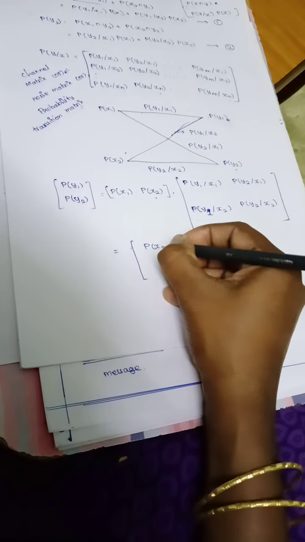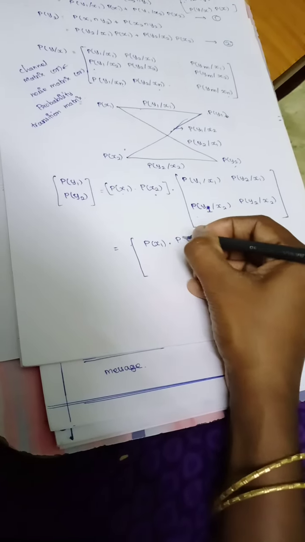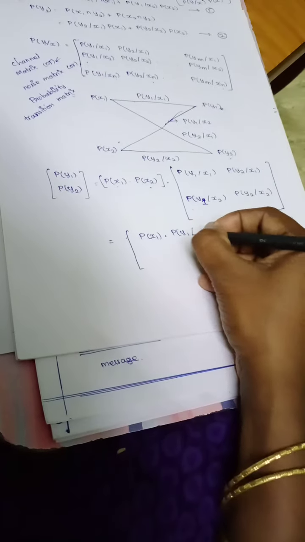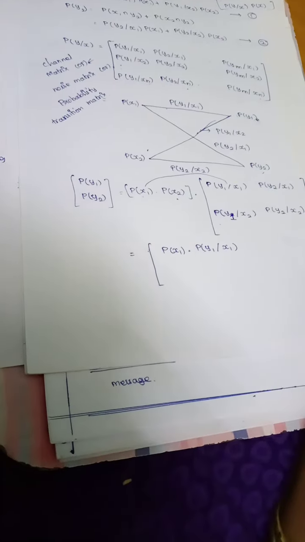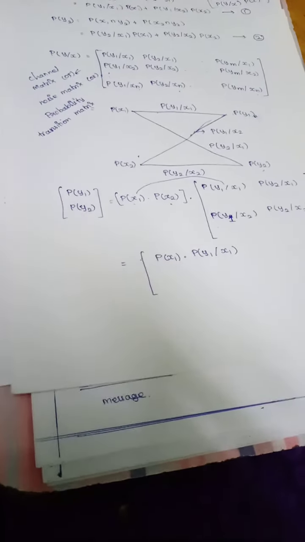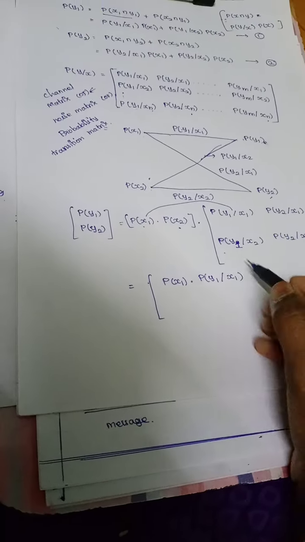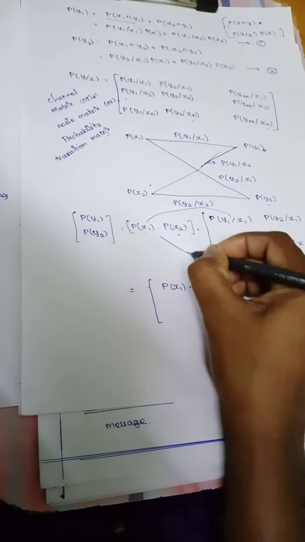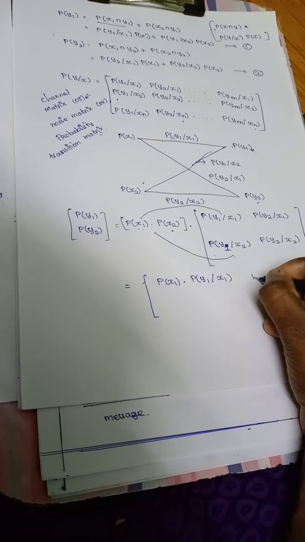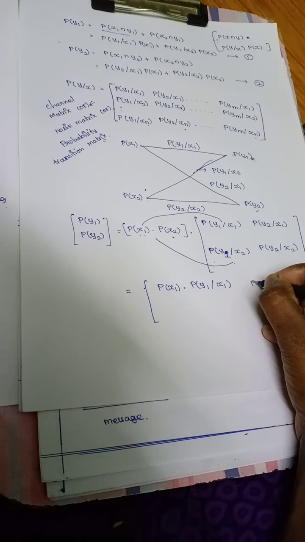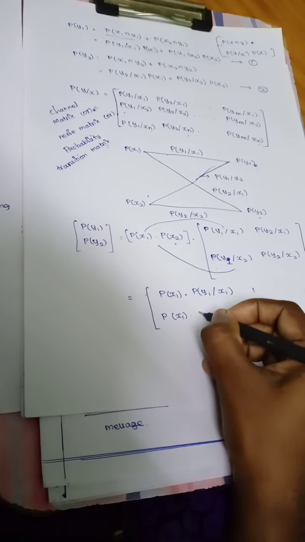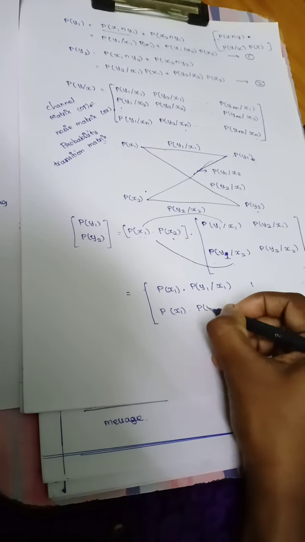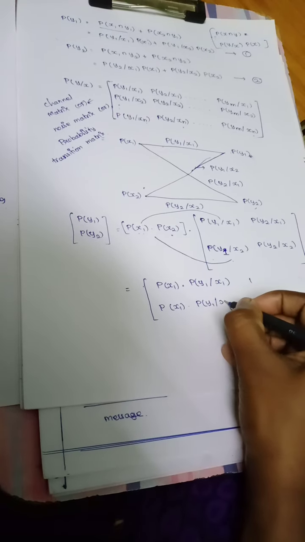Probability of x1 into probability of y1 divided by x1, okay, and then x1 into this one, probability of x1 into probability of y2 divided by x1.